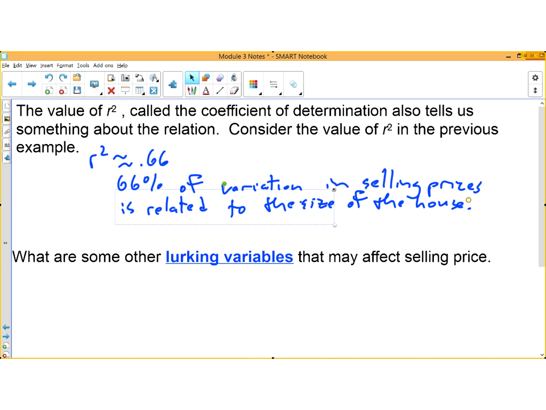Right? That means there's other things that also affect the variation. Things like the condition. So here's some other things.